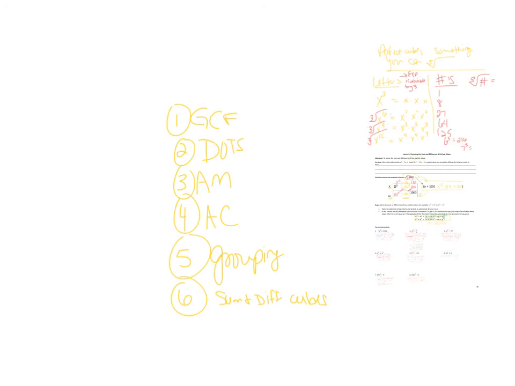Dots. So what do you need for dots? Dots, you need a binomial with perfect squares. Wow, I can't spell. Perfect squares. So you need 2 terms. That's for dots. You need 2 terms.